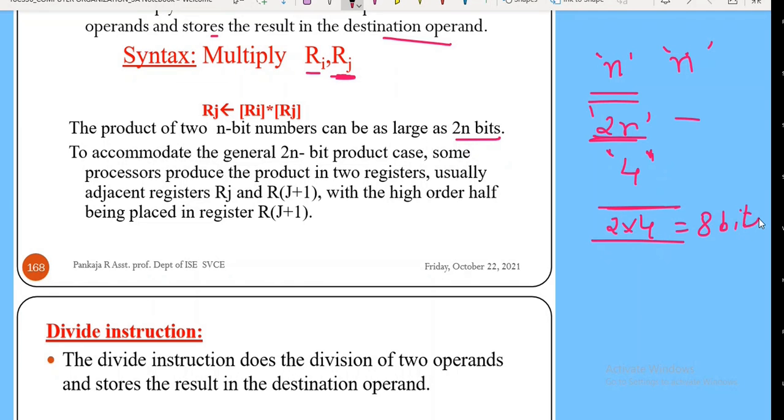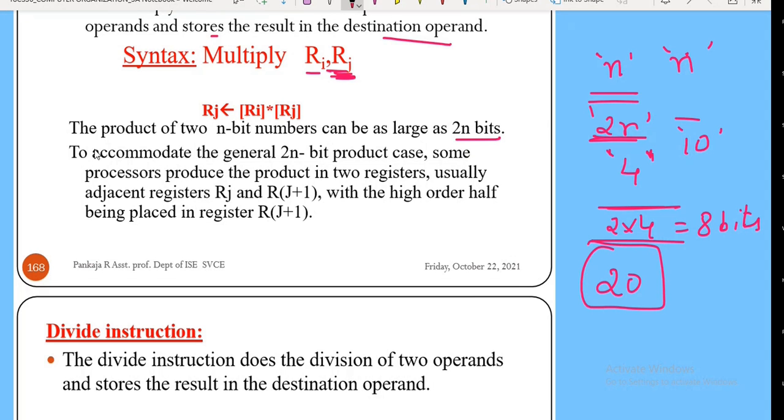Now consider a 10-bit number. You are multiplying two numbers of size 10. 10 into 2, you're going to get 20 bits. So those 20 bits may not be possible to store in the destination Rj.